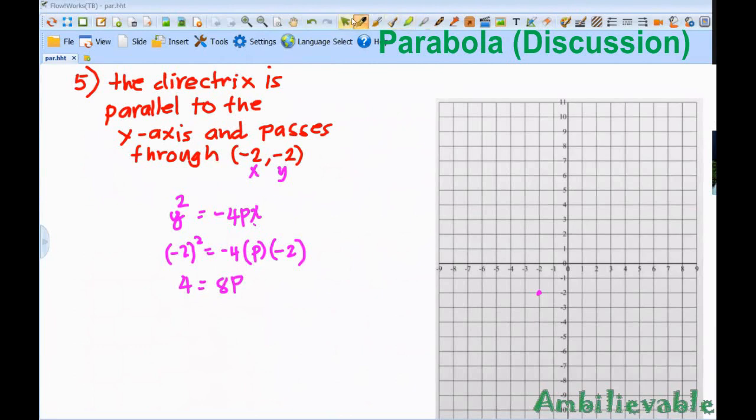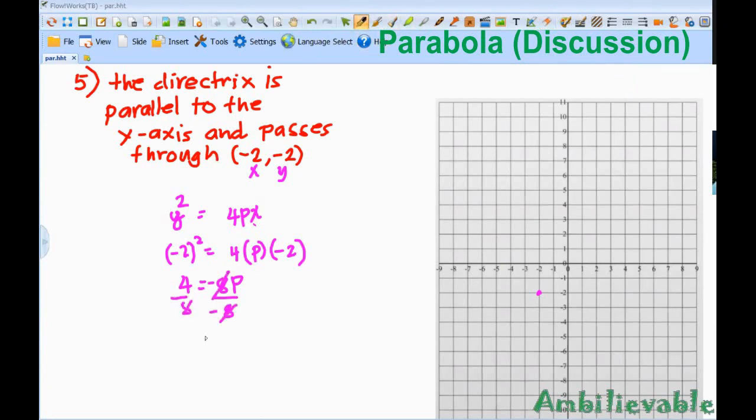So therefore, let us change. So we have negative 8p. So divide by 8, negative, negative.